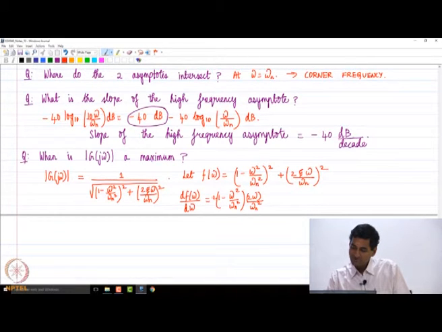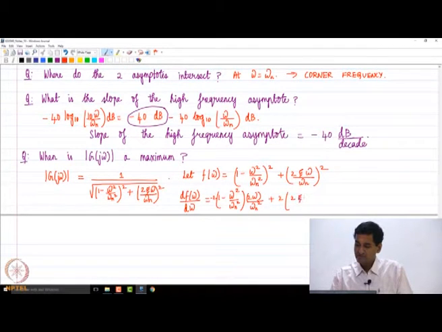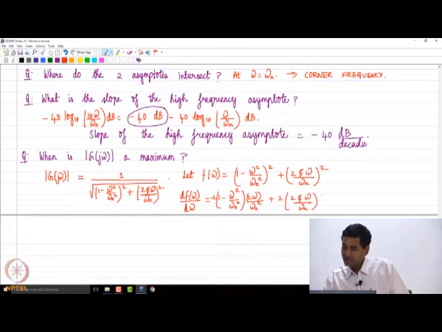Then I will have essentially 2 times 2 zeta squared by omega n squared, and the whole thing should be equal to 0.